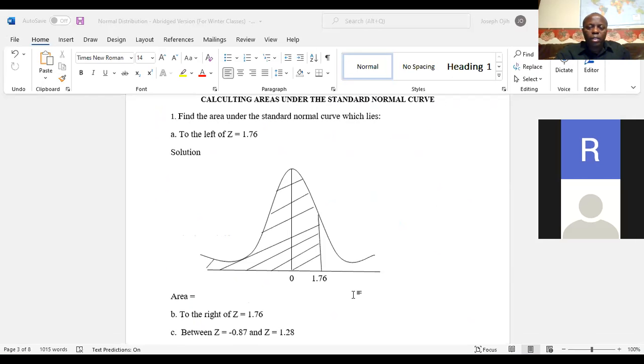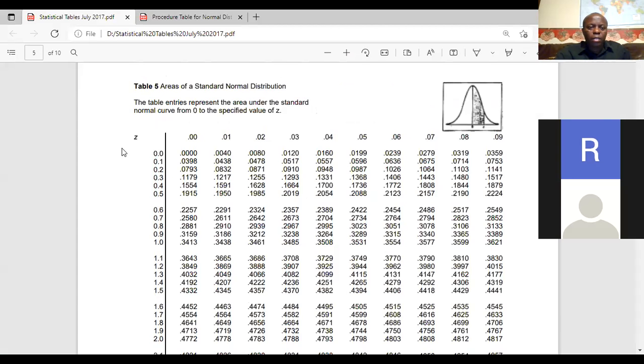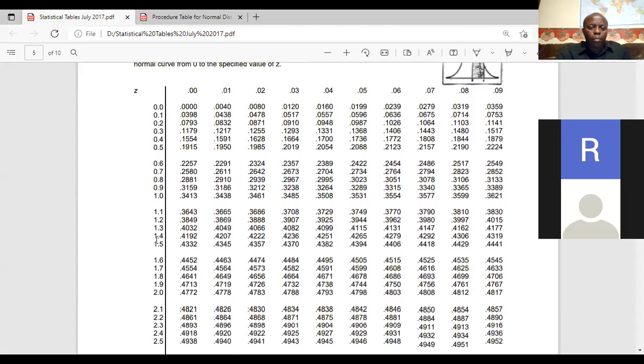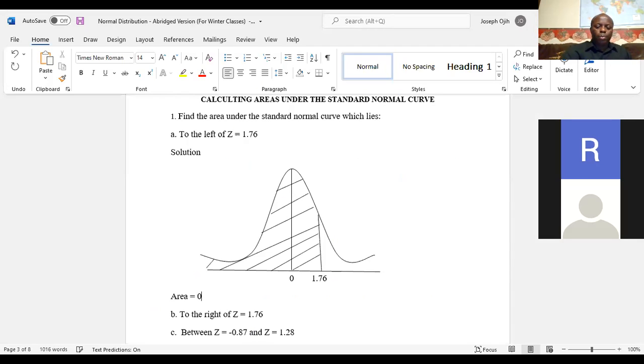This is the Z. This is 1.7 right here, and it goes under 6. So 1.7 under 6, see, is 0.4608. And the procedure table says to add 0.5 to it.